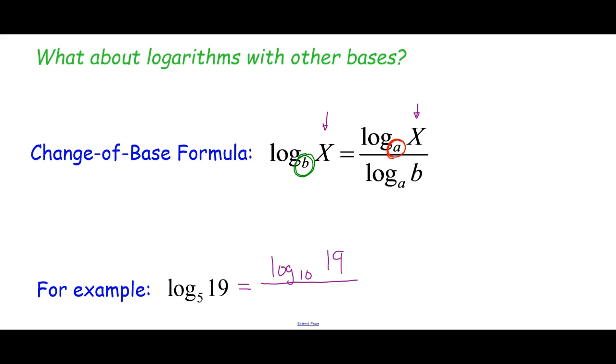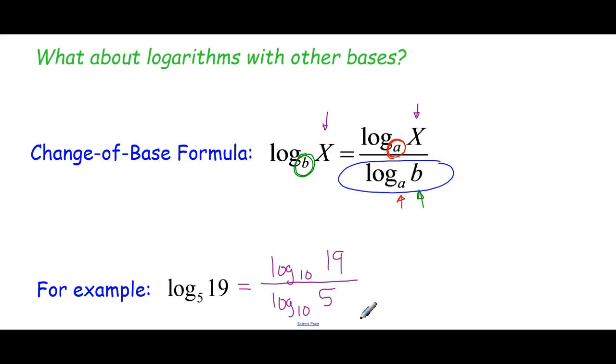And be careful about the denominator here, because this is the key to the whole thing. This is the thing that sort of corrects for how you've changed the base. Base 10 and base 5 are not the same. This correction factor is the logarithm of the old base using the new base. So the new base is base 10. We're going to have to do log base 10 of the old base, which was 5.